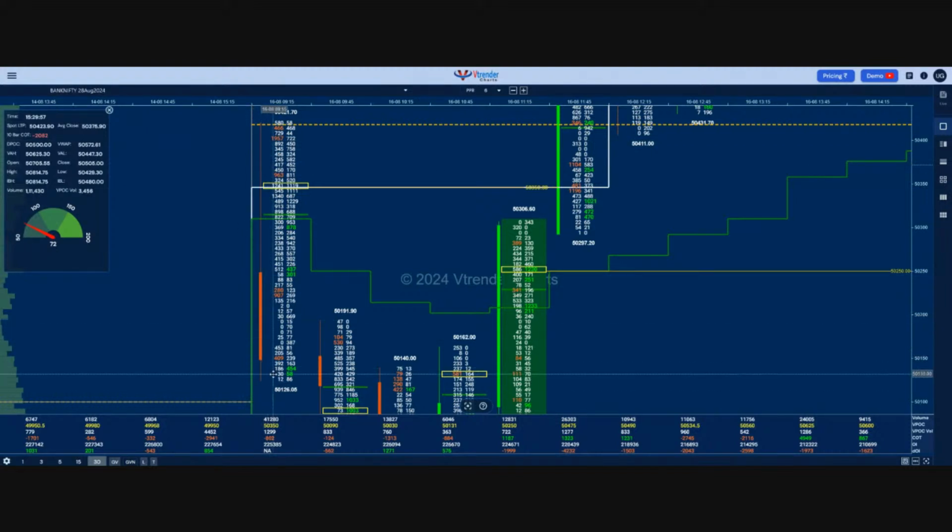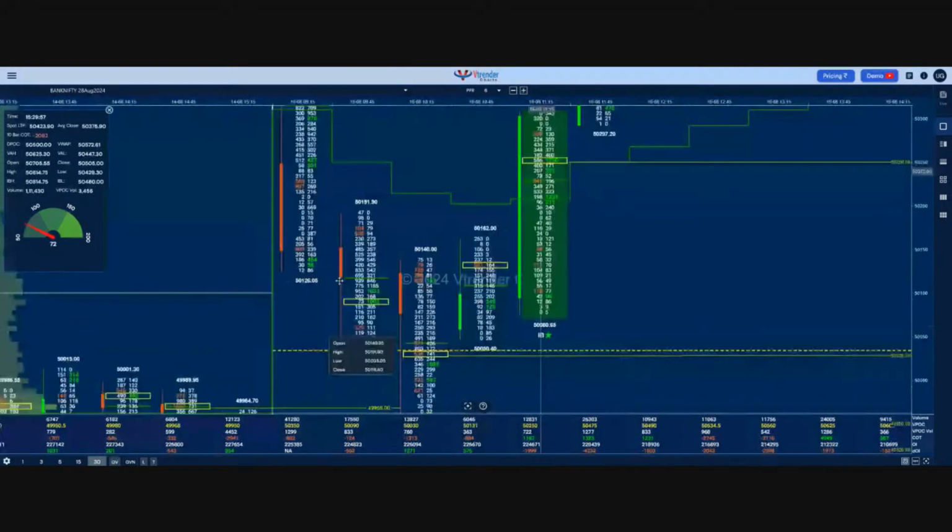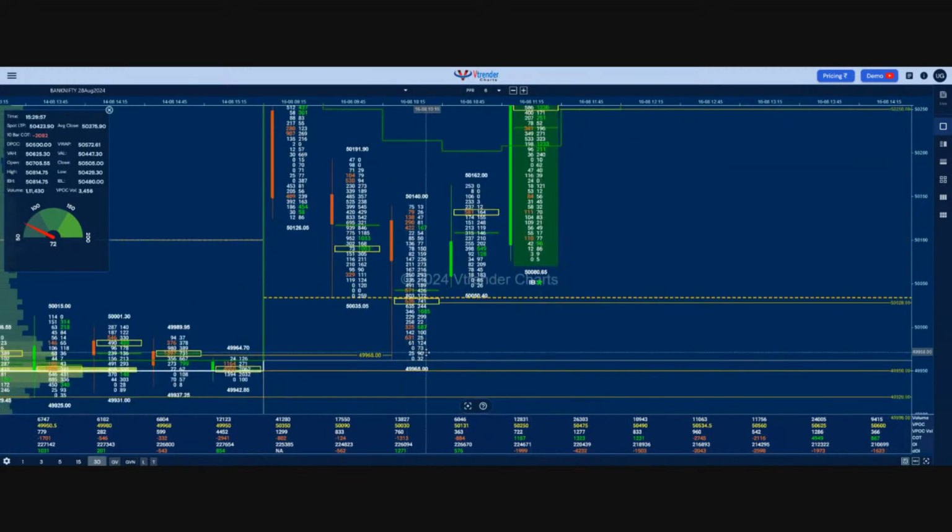We made lower lows in the A after the open, because you can see this is a red bar, and we continued the same probe to the downside in the B. And when we got this C side extension, you can see how the order flow is showing us a clean RB bar, and the sell side numbers at the lows are almost negligible, and this is coming right at the POC of previous day.